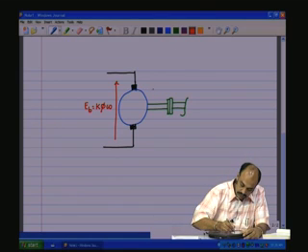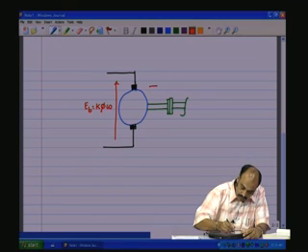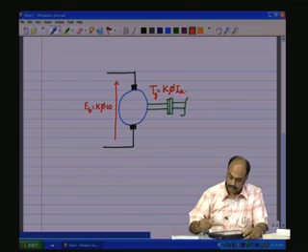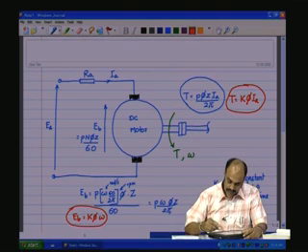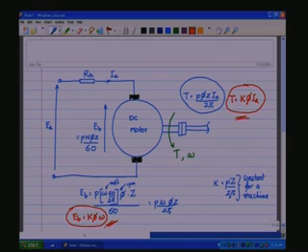The generated torque is given by K phi Ia, isn't it? That's what we just now saw in the previous discussion.